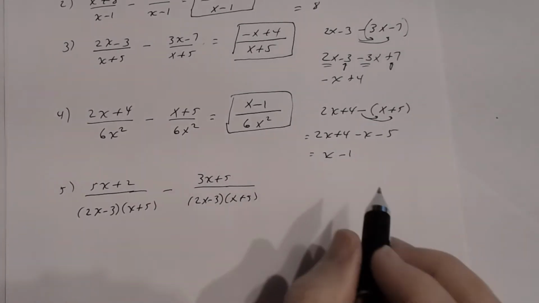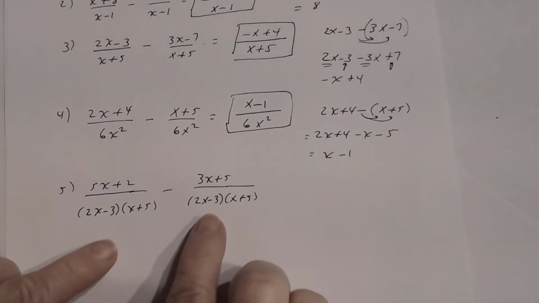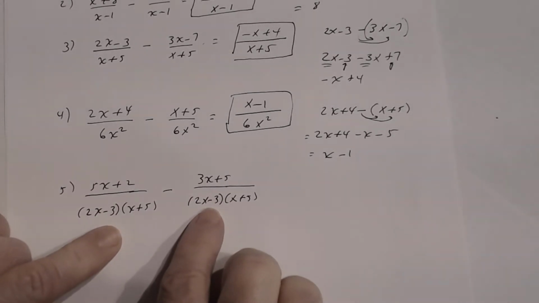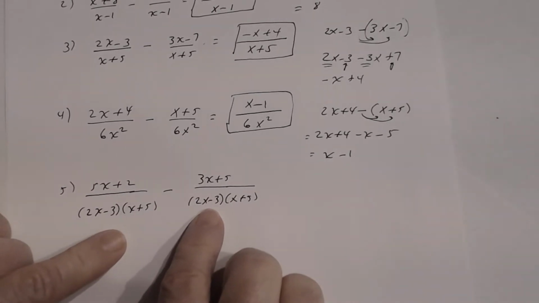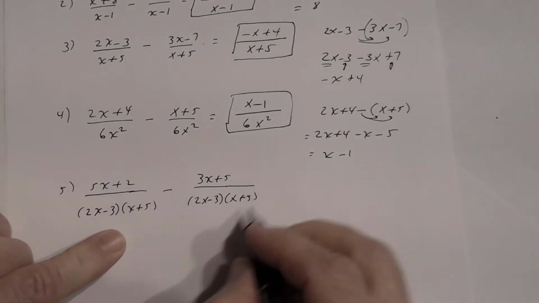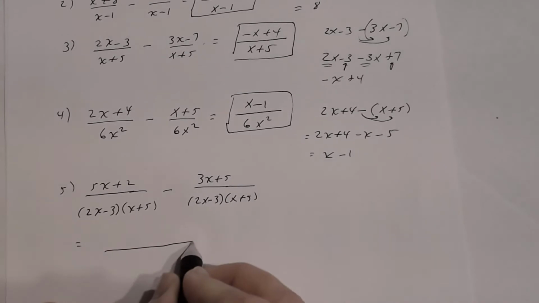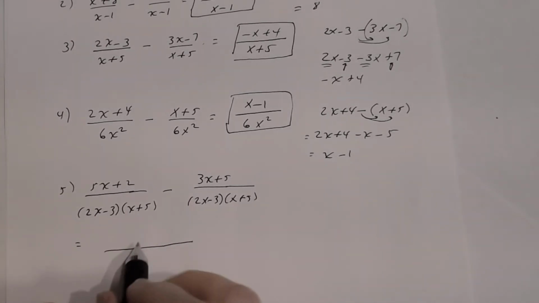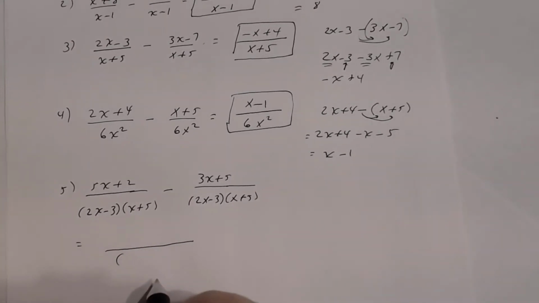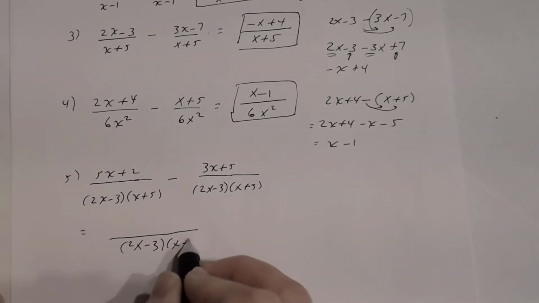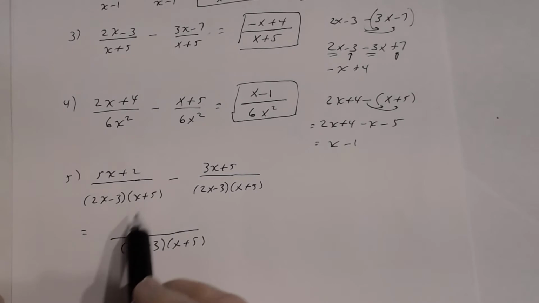Notice that in number 5, the denominators are the same, and they're already in factored form. So I'm going to rewrite this as one rational expression with that denominator. I'm going to leave it in factored form, so 2x minus 3 times x plus 5. Now let's figure out what the numerator is going to be.